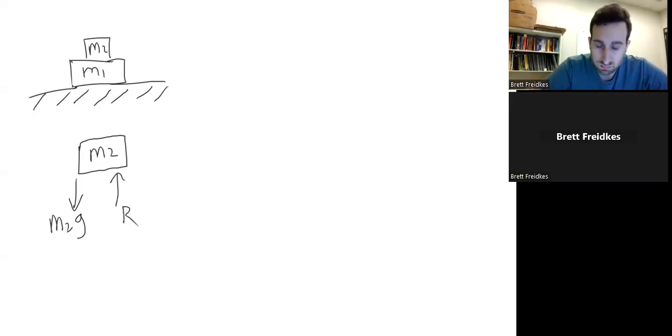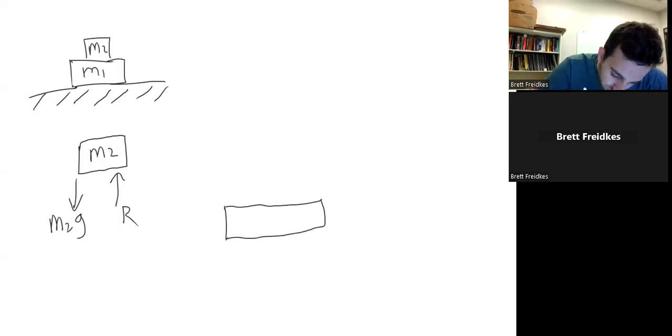Cool. Let's do the same thing with M1, which is the bigger mass and it's below. This is going to have M1G going down. The Earth is going to apply some normal force to it.